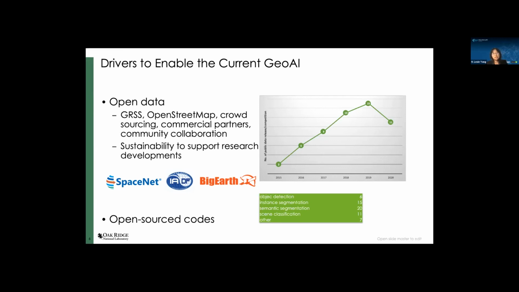And those data sets cover different tasks: object detection, instance segmentation, which you use to identify exactly the same type of objects, however each one should be classified individually, and also scene classification and semantic segmentation. Altogether, roughly, we're looking at around 60 data sets currently.